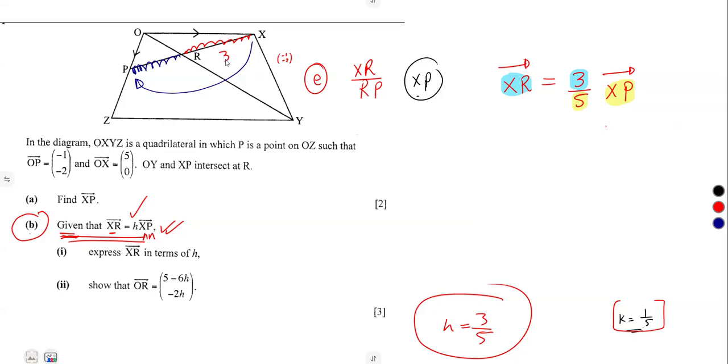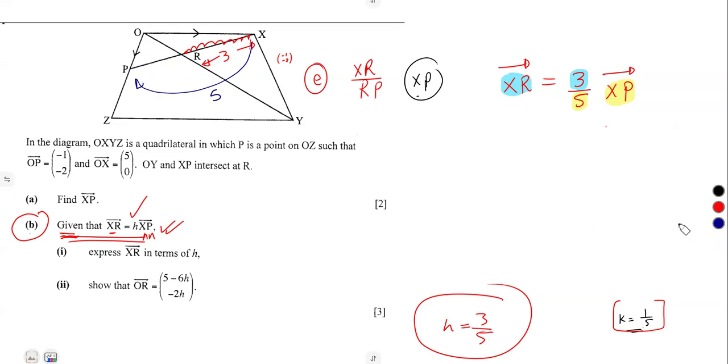The 5 parts are for XP, from X going to P. That is the one that has got 5 parts from X to P.